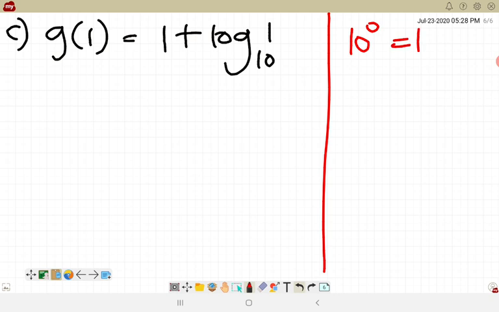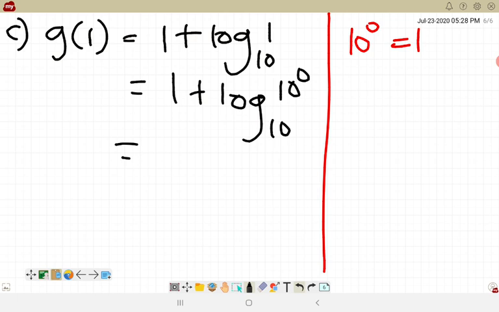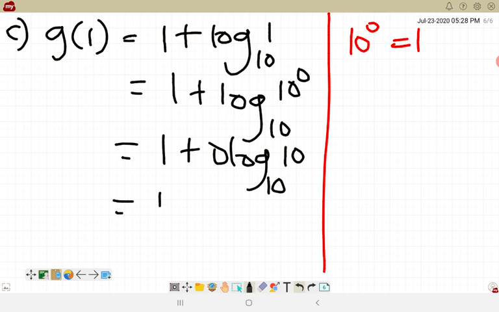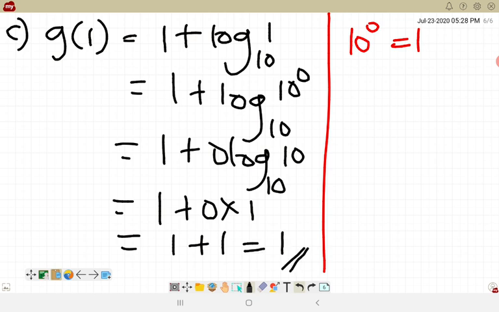We are taking 10 because the base of the logarithm is 10. So this is 1 plus log 10 raised to power 0 base 10, which becomes 1 plus 0 multiplied by log 10 base 10, which is 1 plus 0 times 1, which is 1.